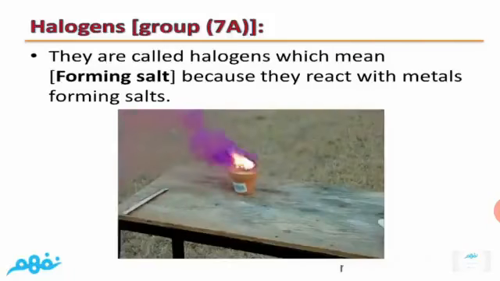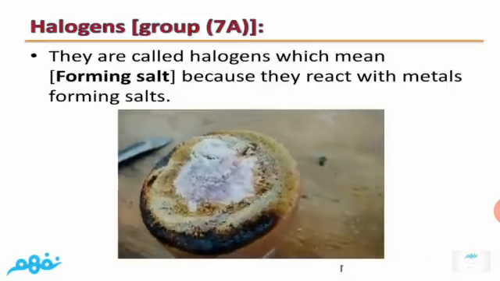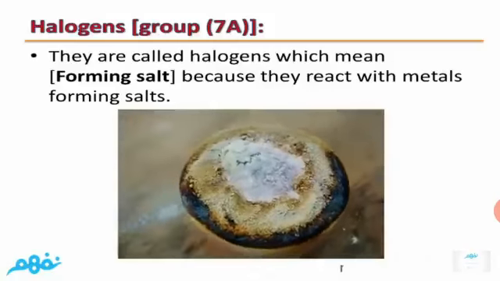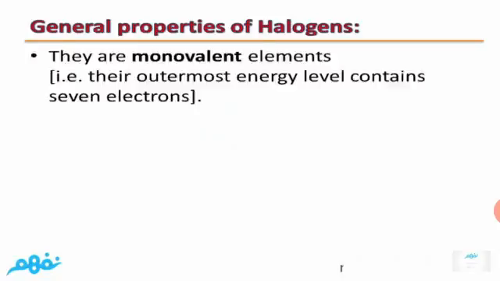We can conclude that any element in group 7A reacts with metal forming salt, so they are known as halogens, which means forming salt. General properties of halogens.